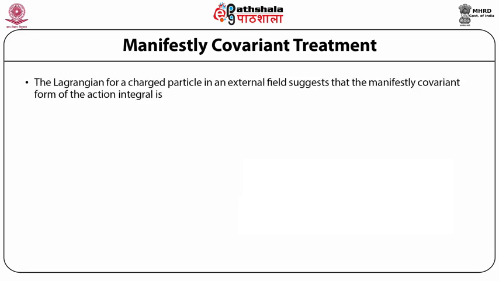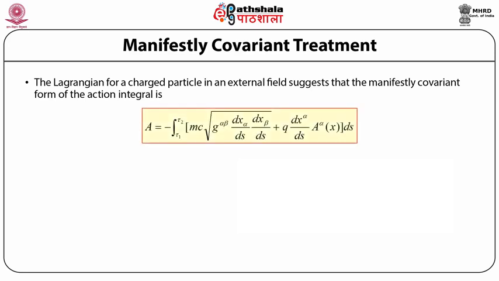The Lagrangian for a charged particle in an external field suggests that the manifestly covariant form of the action integral is A equals minus integral from tau 1 to tau 2 of mc times the square root of g alpha beta dx alpha by ds dx beta by ds plus q dx alpha by ds A alpha of x, ds.